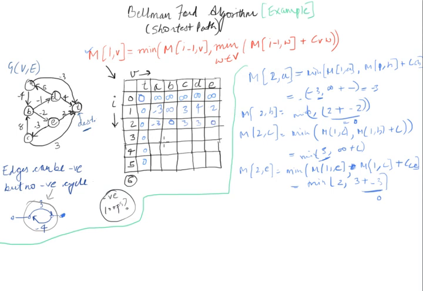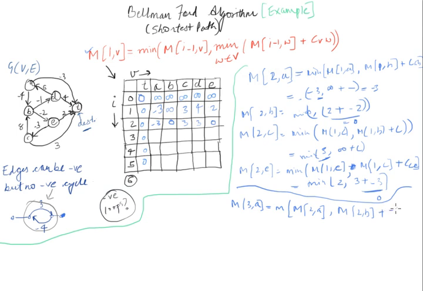Now 3A would be M3A. I can write it as M3,A. This is the second row. M3A is equal to the minimum of M2A, or A has an outgoing edge to B, M2B plus cost AB.